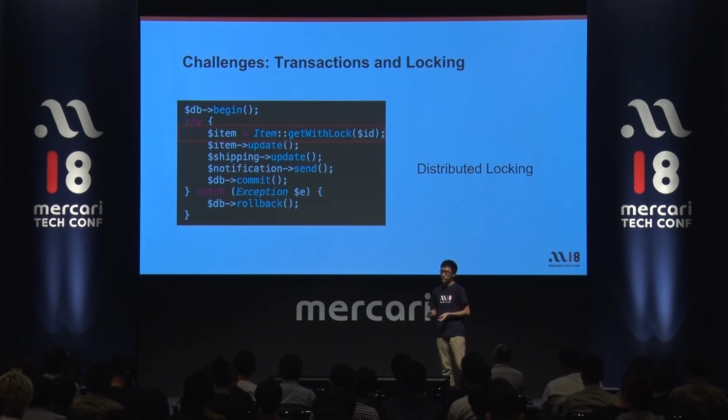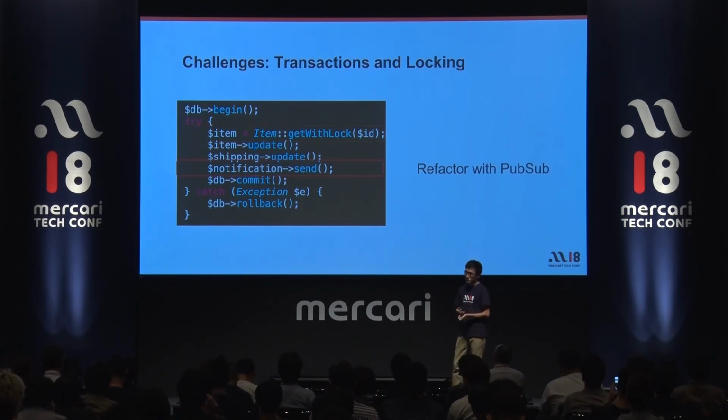So to solve this problem, first we are trying to introduce distributed locking for the locking part. And the idea is to use things like Redlock to share locking mechanism across different services. And next, we're trying to refactor the whole transaction with asynchronous design.